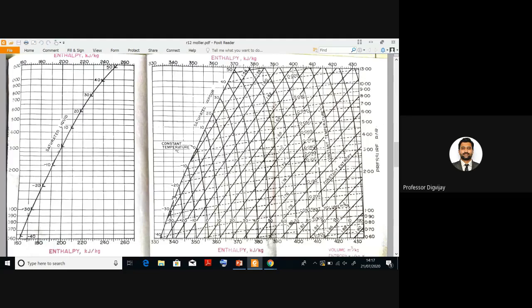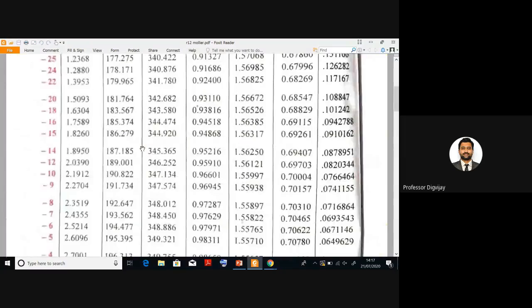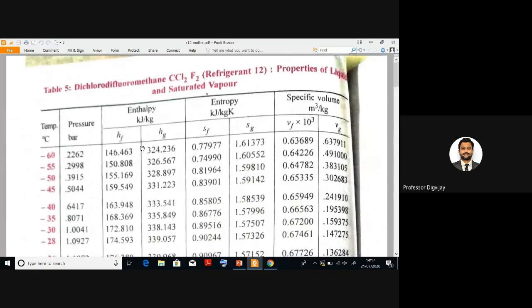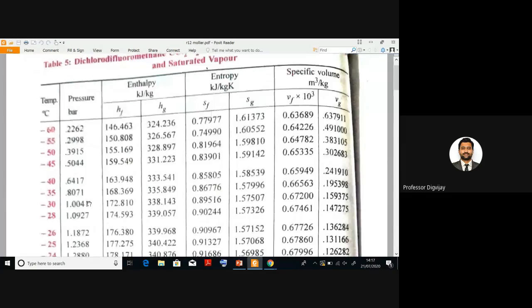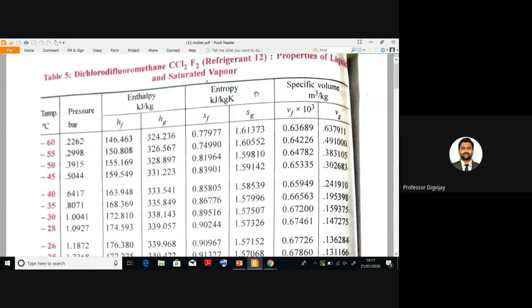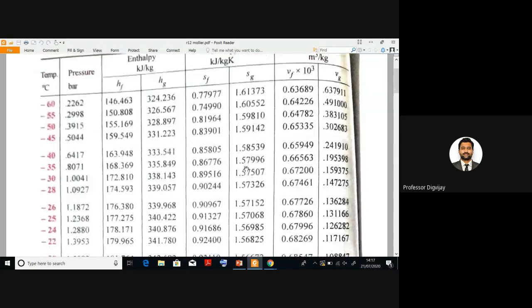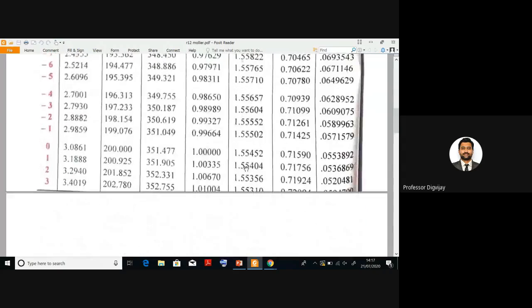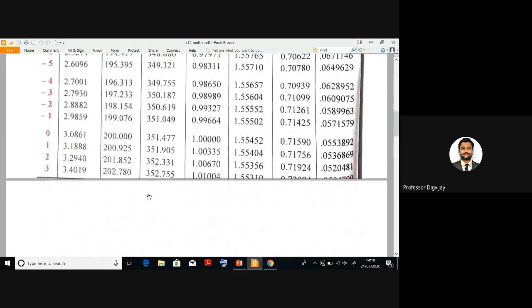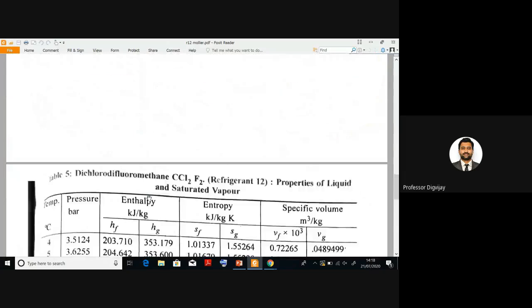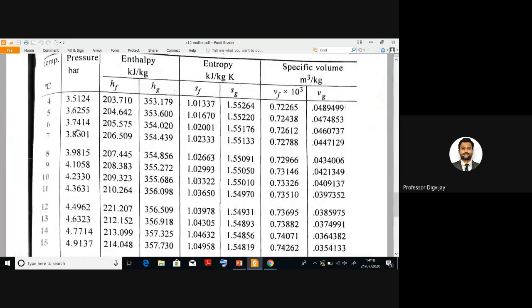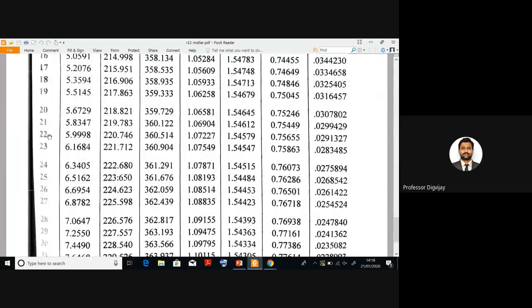Previously we had a very simple pH diagram, and then we saw this table for R12, properties of saturated liquid and vapor. For different temperatures it has different pressure values, enthalpy values, entropy values, and specific volume values. This was up to 3 bar. I will take more values, from 4 degrees Celsius, then up to our room temperature.